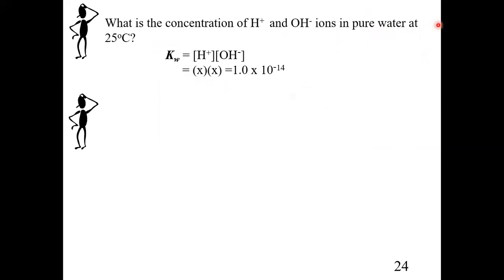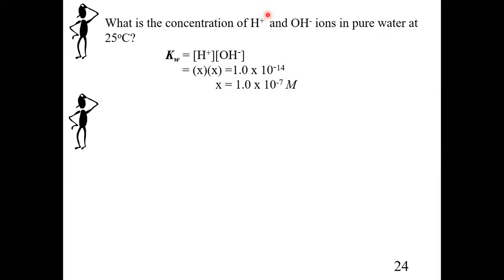Deionized and things like this, so water that has no ions in it, then the amount of H plus should equal the amount of OH minus in pure water. So if I call this concentration X, and this is also X, and when I solve for X, we take the square root of Kw, it becomes 1 times 10 to the minus 7.